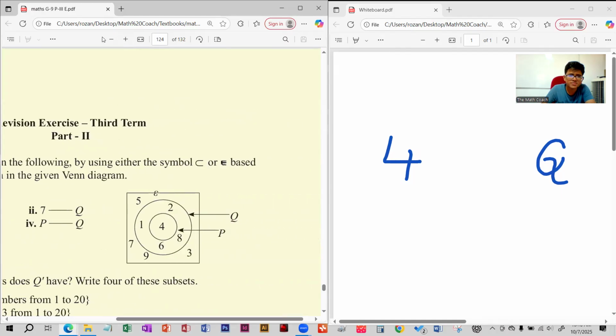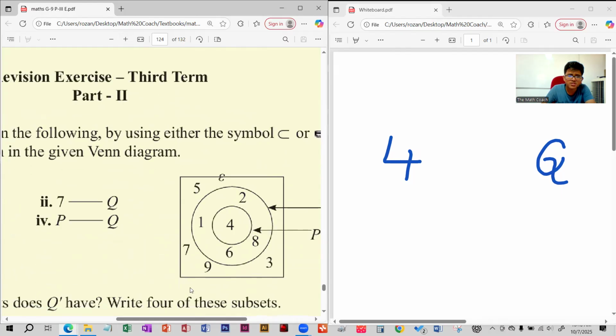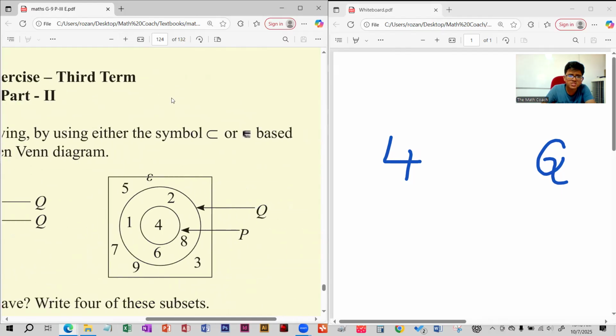Actually the 4 is enclosed inside Q. Q is a bigger circle. So we can say that 4 is a subset of Q. Just imagine Colombo is a subset of Sri Lanka, just like that.